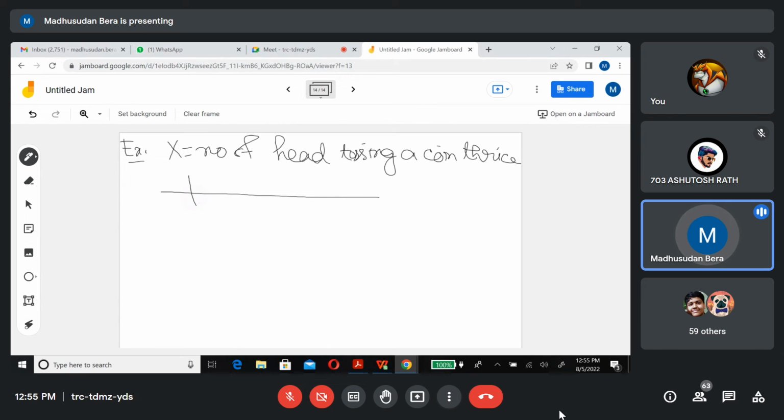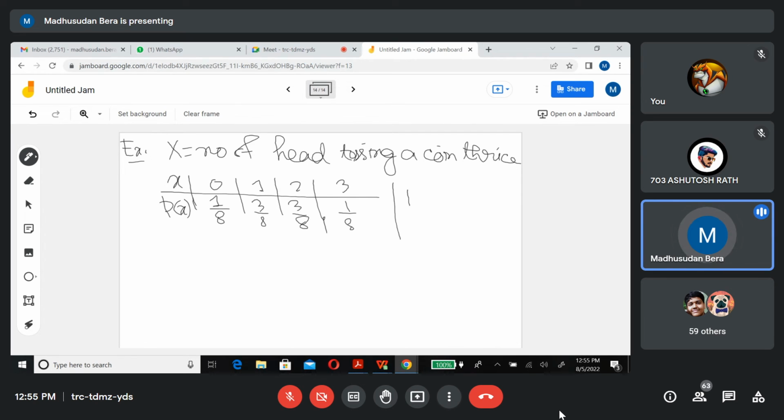What are the x values? X takes values 0, 1, 2, 3. Corresponding probabilities are 1 by 8, 3 by 8, 3 by 8, 1 by 8. That we know. Now we will calculate the cumulative distribution function.